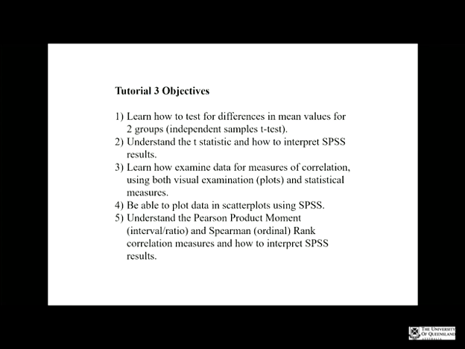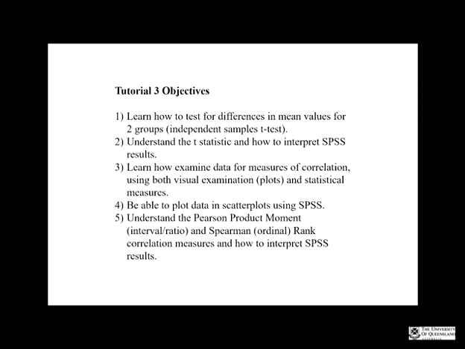Okay, I just wanted to put this up at the start and the end because this is the basis for the practical, for the class today, to set you up for, well, it says tutorial, but it's the third practical. So looking at independent samples t-tests, comparing two different groups. So understanding what those results are when we do a t-test, looking at that t-statistic.